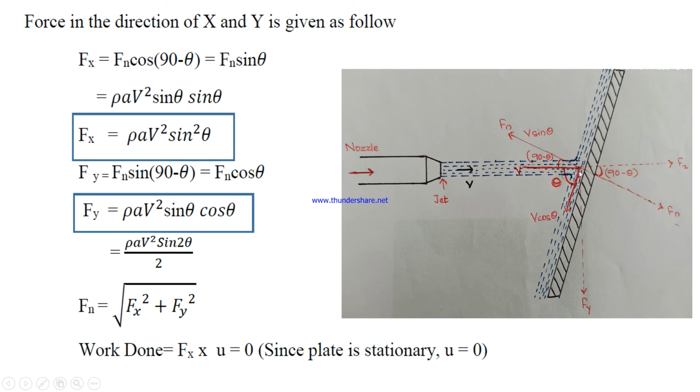If this angle is theta, then v cos theta and v sin theta are perpendicular, the angle between them is 90 degrees. So the angle between v and v sin theta is 90 minus theta, and the opposite angle is also 90 minus theta.